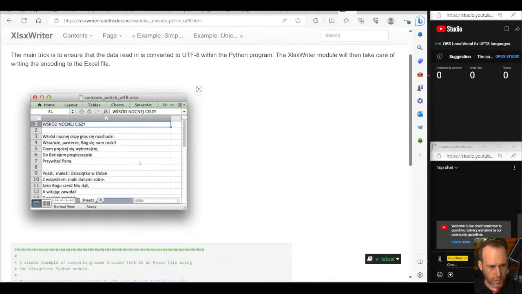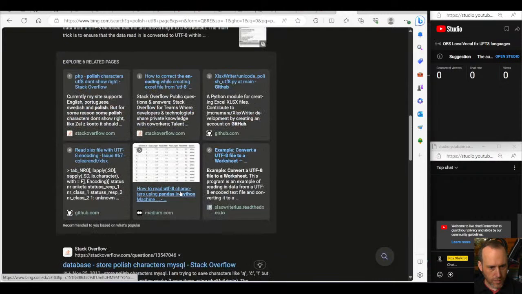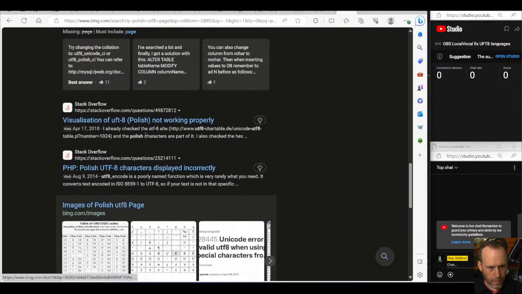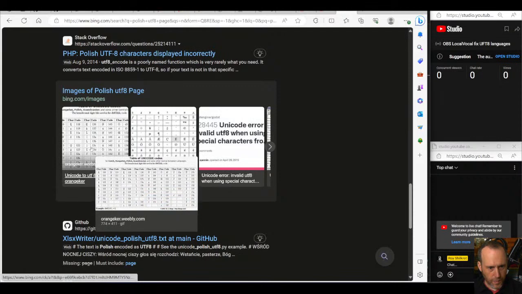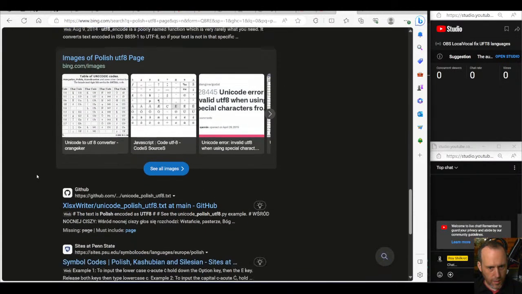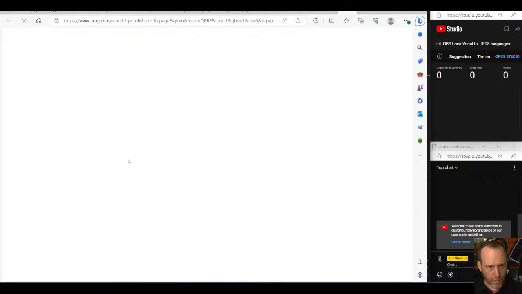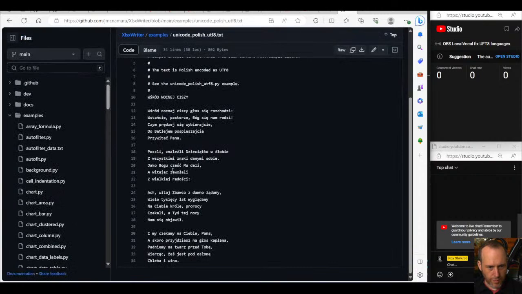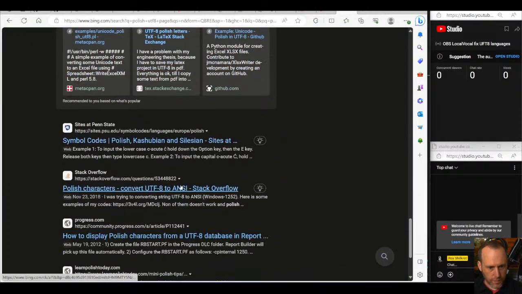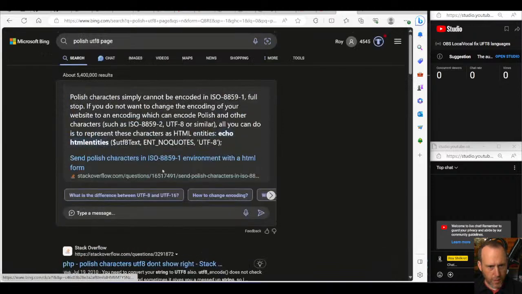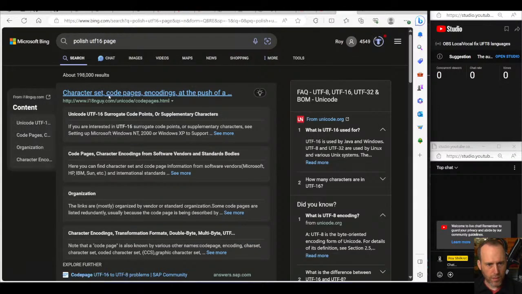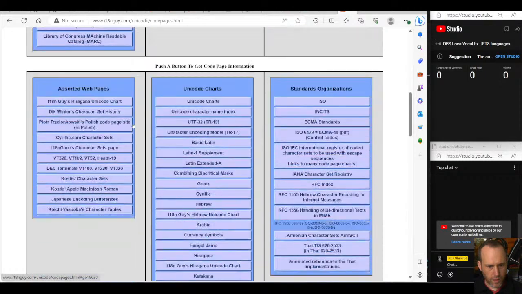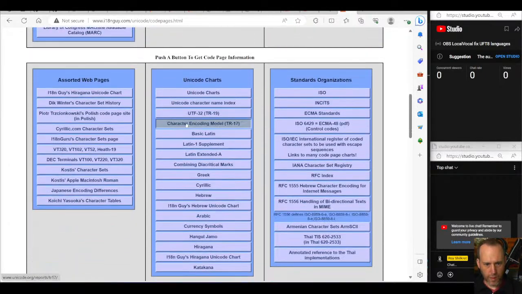All right, can we actually find, what is this? What's this? I think maybe it's UTF-16. All right, the code pages. Can I find it?